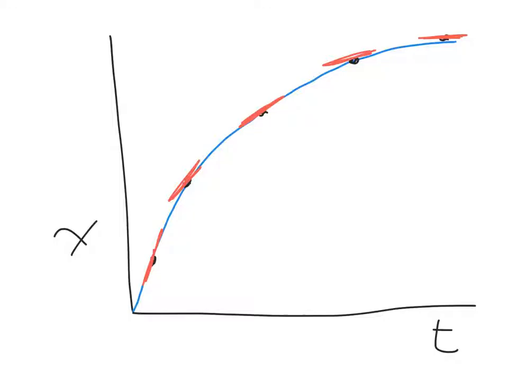From those tangent lines, so those are lines, you can get the slope of lines, you'll be able to determine the velocity. And you want to ask yourself 2 questions.